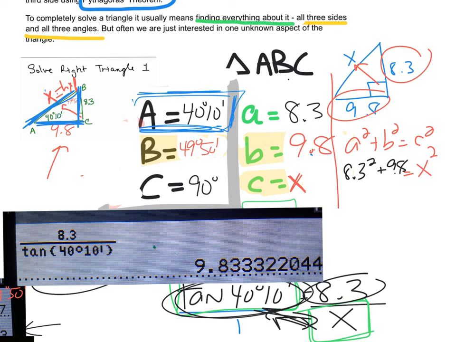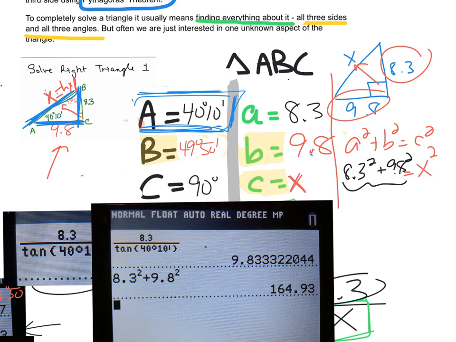So now I'm going to do this entire left-hand side on my calculator. I'm going to do 8.3 squared plus 9.8 squared. So that's going to give me 164.93 equals x squared. And the way I'm going to solve for x is now I'm going to take the square root of both sides.